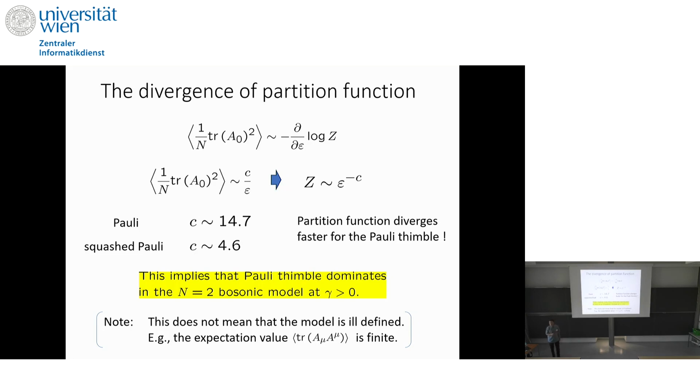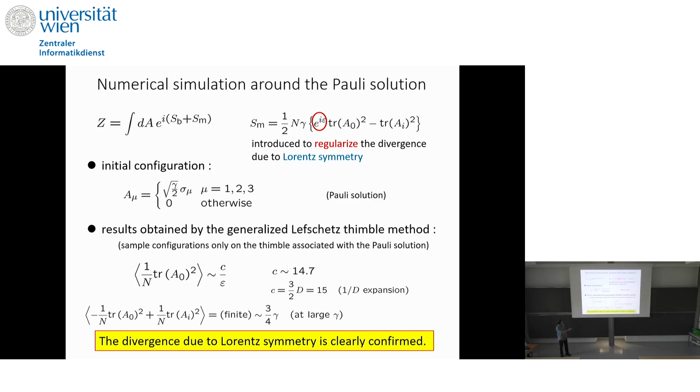Yes? You're saying that... Yeah, okay, so I talk about only each saddle and each thimble, but still, I'm not focusing on just the saddle point, but sample all the configurations along the thimble. Yes, we have to know the saddle point to make this work. So that's what I mean here: sample configurations only on the thimble associated with the Pauli solution.